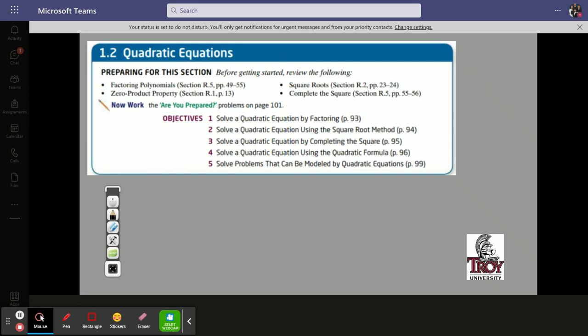Okay, so to start with, when we're going to do these quadratic equations, the first thing I want you to remember, did anybody go back and look up what quadratic equations are? Remember those? What's that graph?